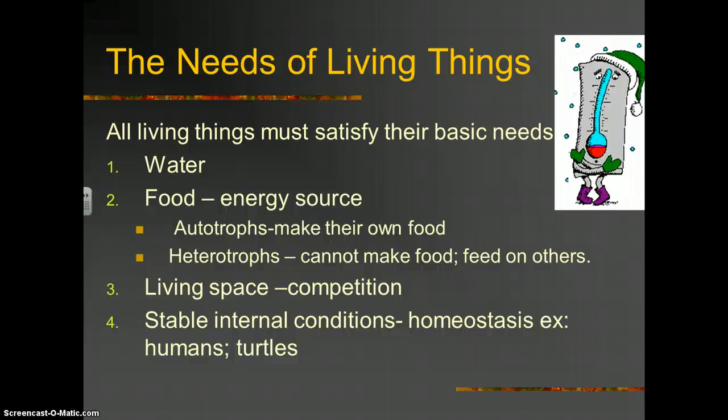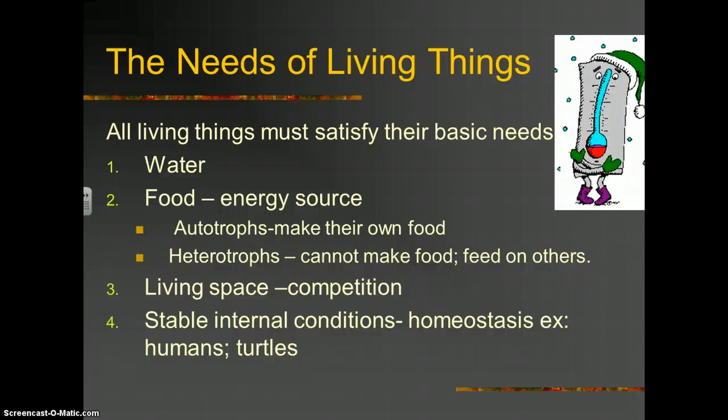Now, the last thing that we're going to end on are the actual needs of living things. So we've talked about what it takes for something to be considered living, and now we're looking at what things living things have to have in order to stay alive.